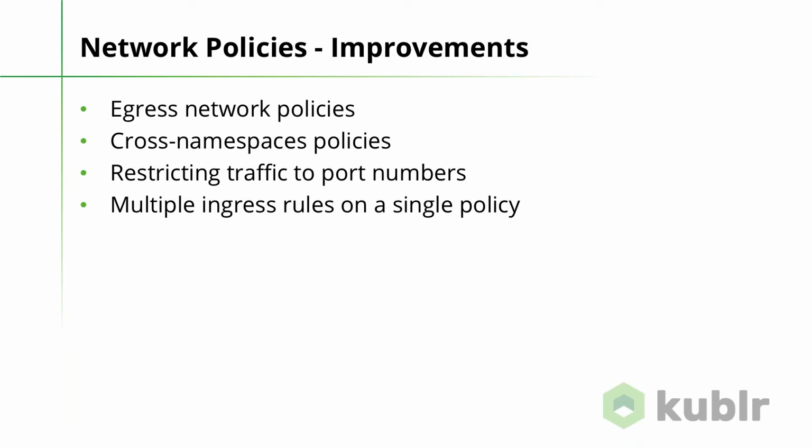As an example, let's say I have an application which listens to user input, and it also has a separate port for monitoring. Previously, I had to create two network policies, one for each port. Now I can merge them, as several ingress rules, into a single policy.